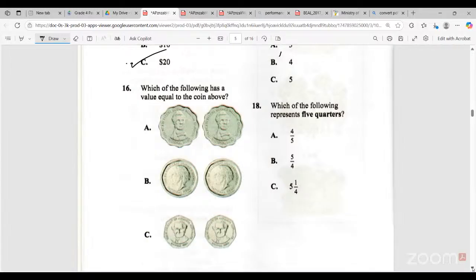That's the answer for 16, guys. Susan says 16.